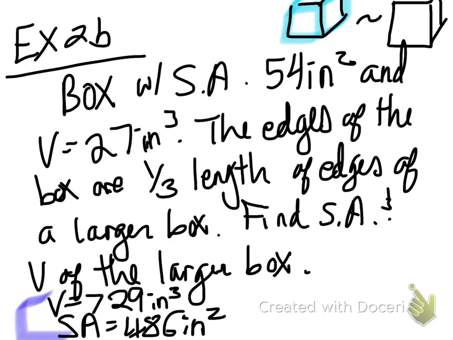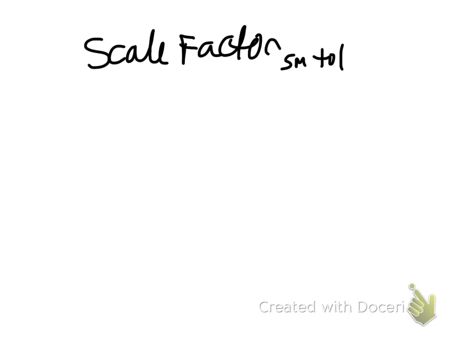And the ratio of the sides, they tell us right off the bat, so really handy information. They tell us that the edges of the small box are 1/3 the length of the edges of the larger box. Okay, so you have a small box to a large box. They give you a scale factor, small to large, of 1 to 3, or 1/3.